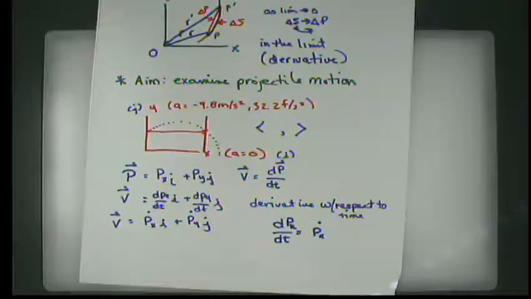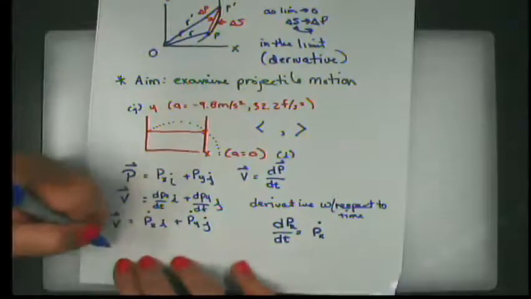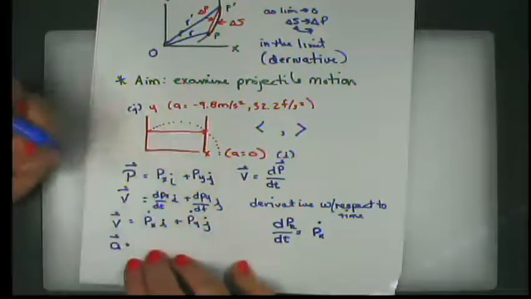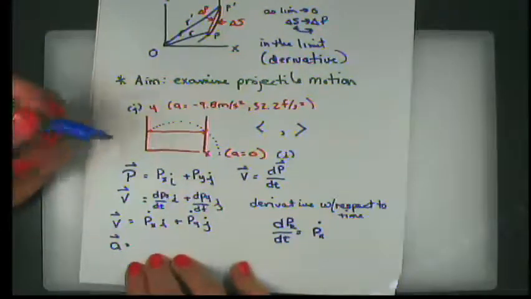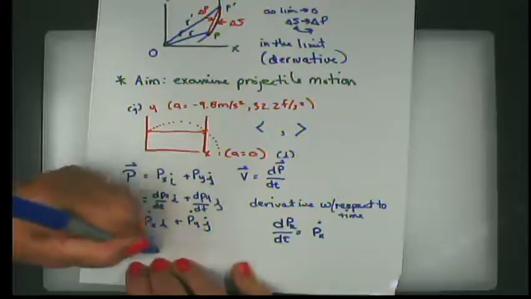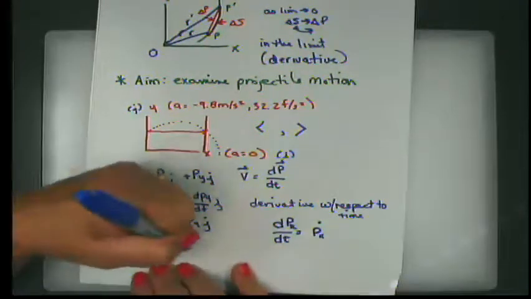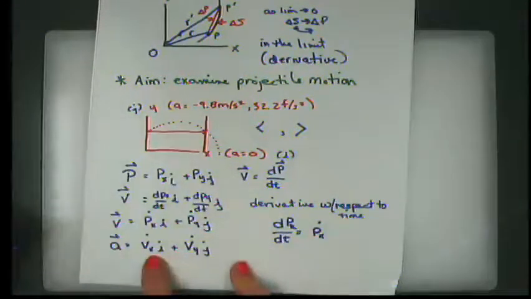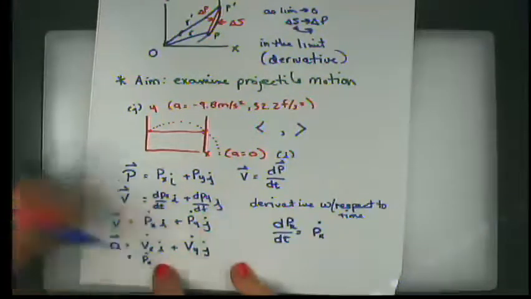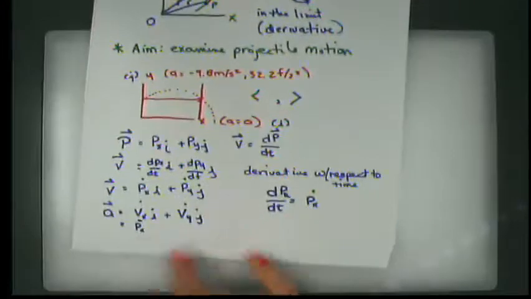Okay, so what this means for us then is that acceleration as a vector, we know, is going to be dv_x/dt in the i direction, which we could just call v sub x dot i and v sub y dot j. Or we also know that that's the second derivative of position, which we write as two dots over the p sub x.